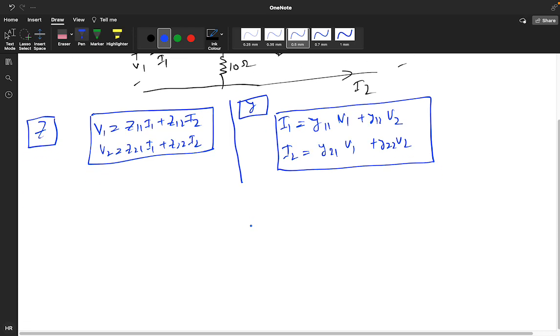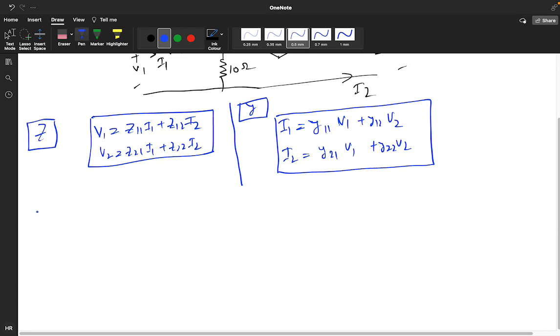What about the H parameter? We already discussed it in the previous class. What is the general formula of an H parameter? Guys, this should be in your mind.